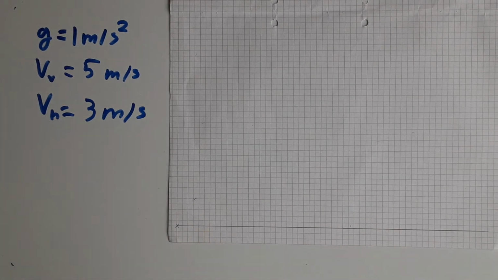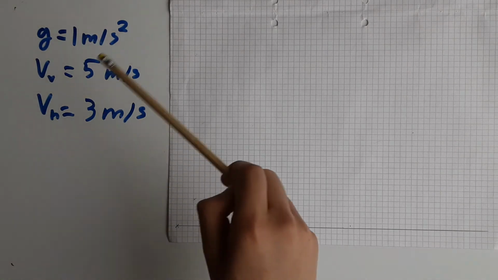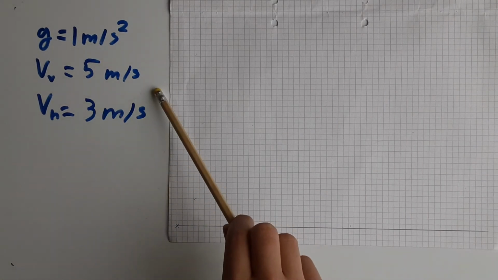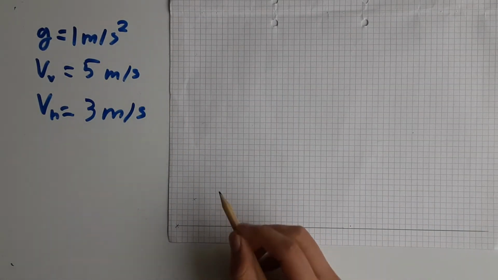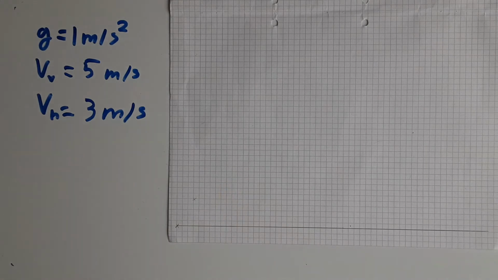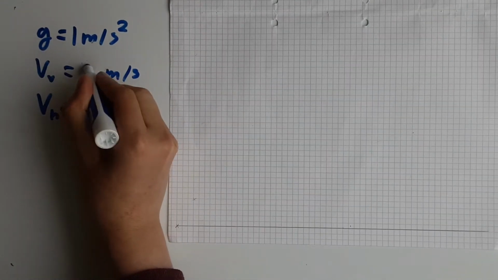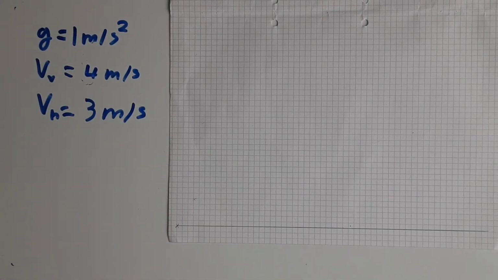After the first second, the vertical velocity drops by whatever the acceleration due to gravity is. So that is 5 minus 1, which equals 4. So our new vertical velocity is 4 meters per second.